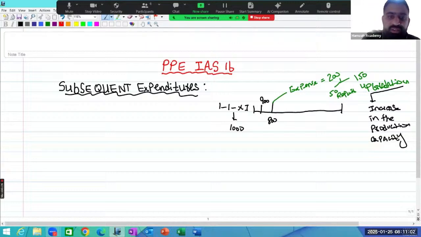Now the question is how this subsequent expenditure should be treated. Now the rule is very simple.